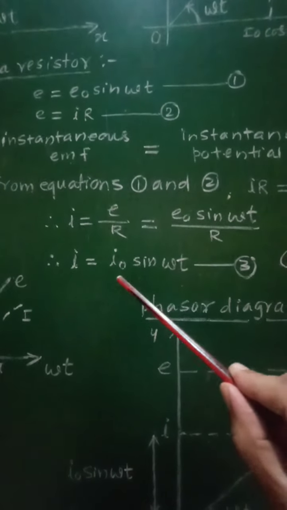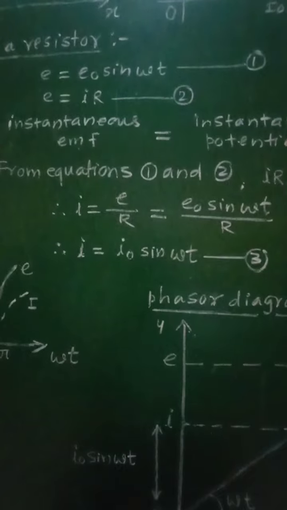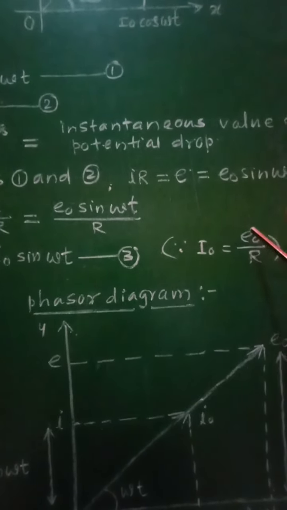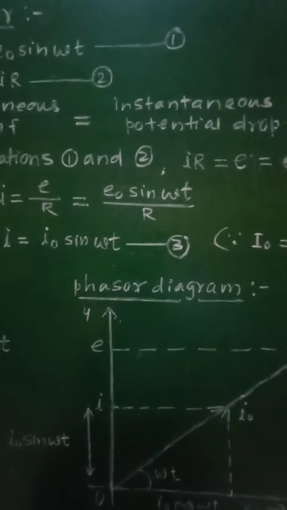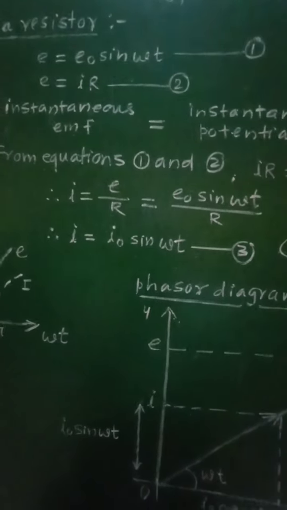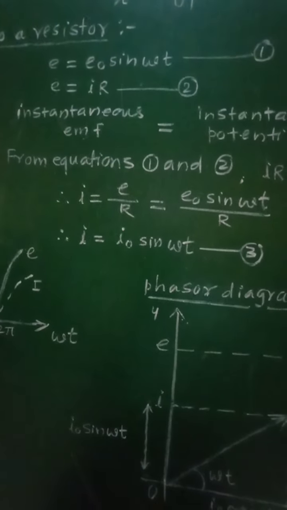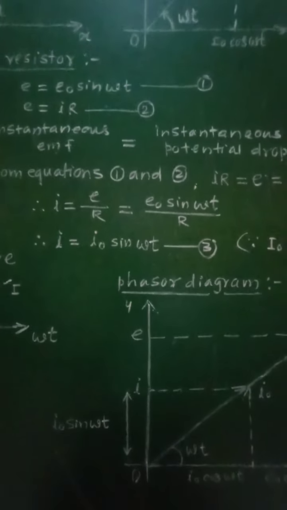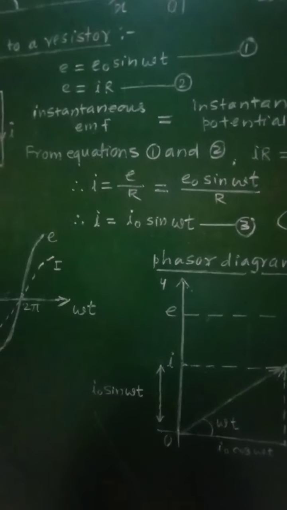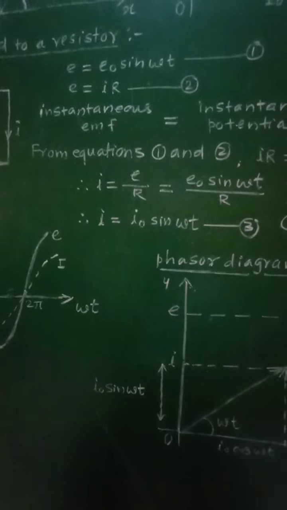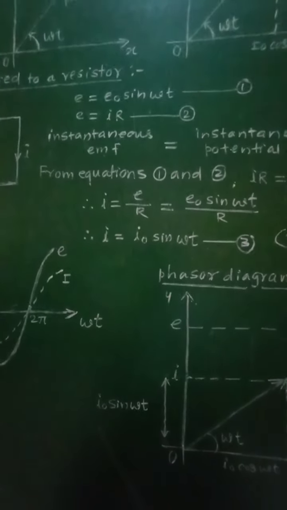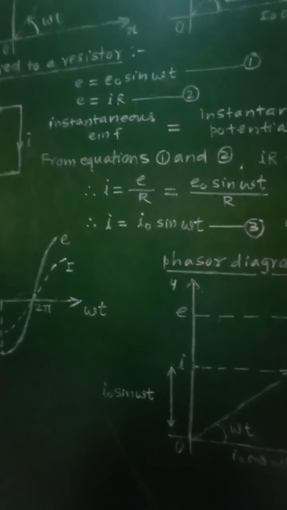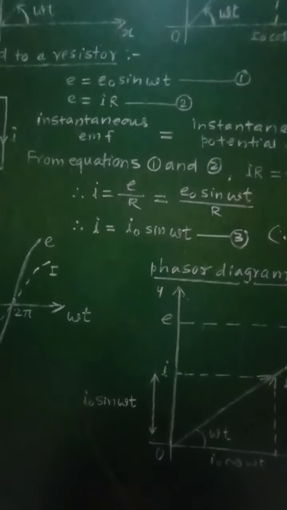Now if you consider I is equal to I0 sin omega t, and compare I0 is equal to E0 upon R with Ohm's law, then we can conclude that the behavior of resistance R in AC and DC circuits will be the same. For a resistor, there is zero phase difference between the instantaneous alternating current and instantaneous alternating EMF from equations 1 and 3.